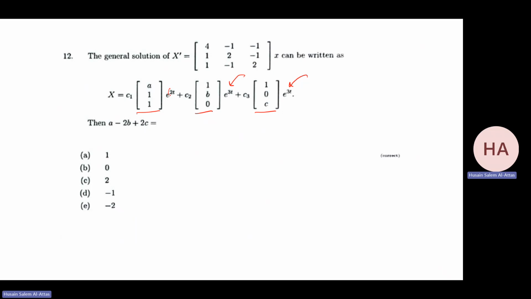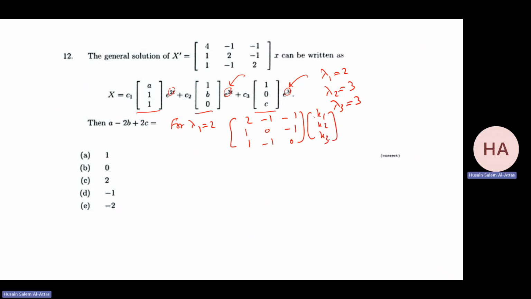Now he gave me the lambdas. So I have lambda 1 is 2, lambda 2 is 3, and lambda 3 also 3. So now we'll do the eigenvectors. So for lambda 2, that will be what? 2 minus 1 minus 1, 1 0 minus 1, 1 minus 1 0, times K1, K2, K3 equal 0, 0, 0.